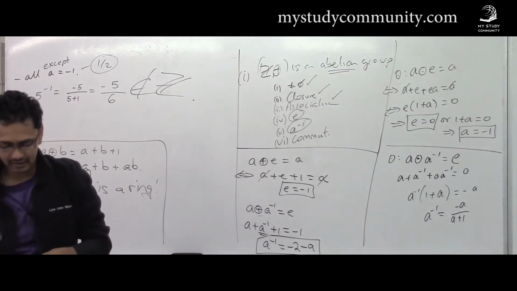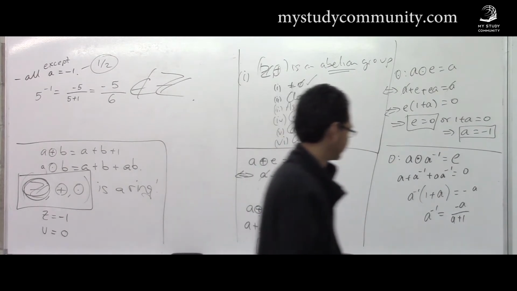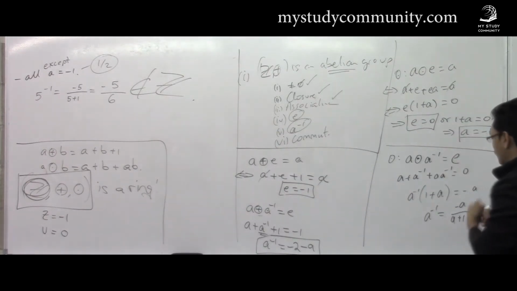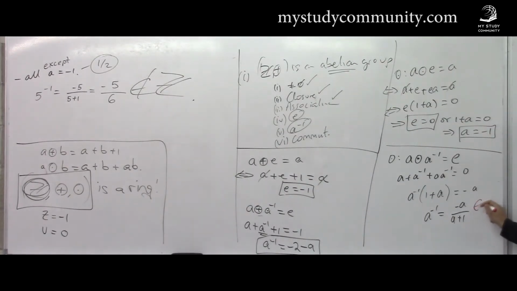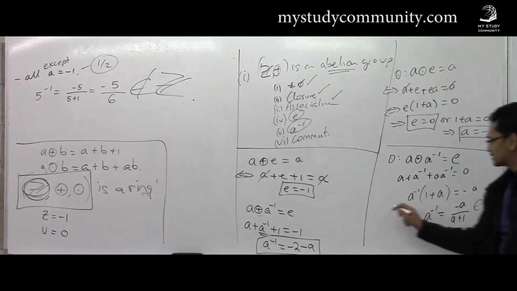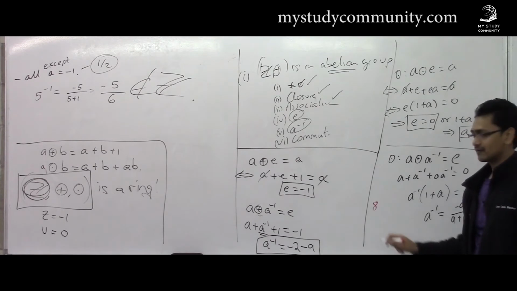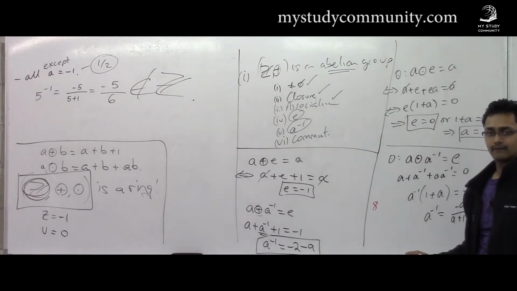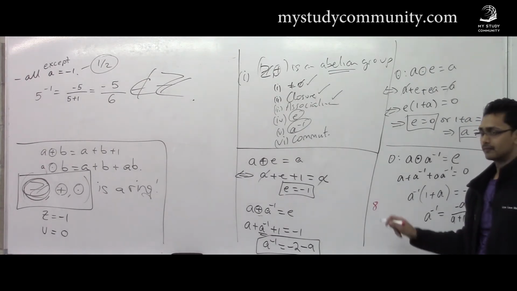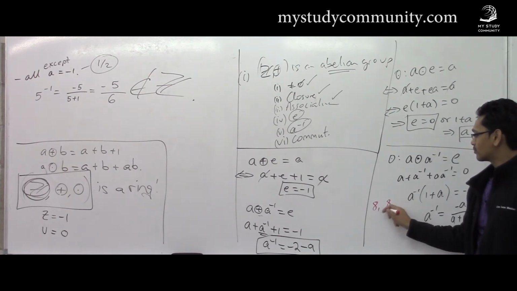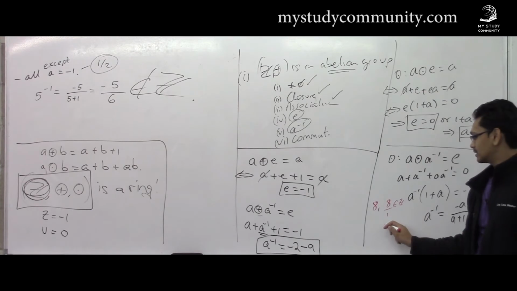I feel you're not looking at it completely. Our goal is for this to be in Z, yes? Is 8 in Z? Is 8 over 1 in Z? Is 8 over minus 1 in Z?